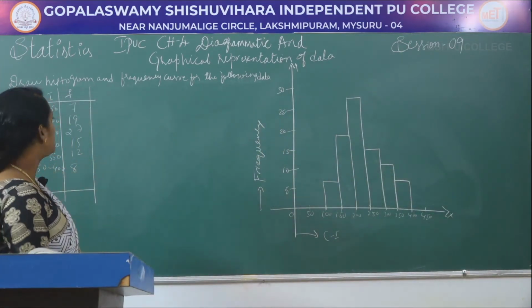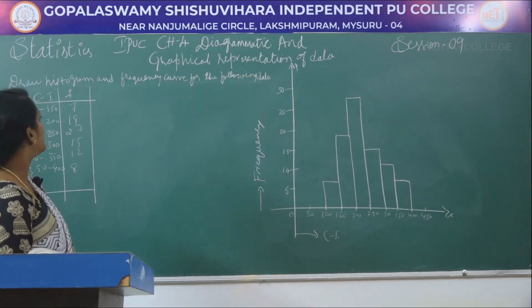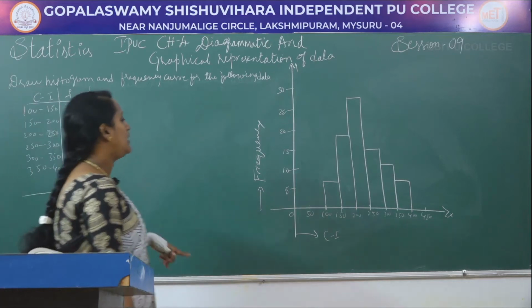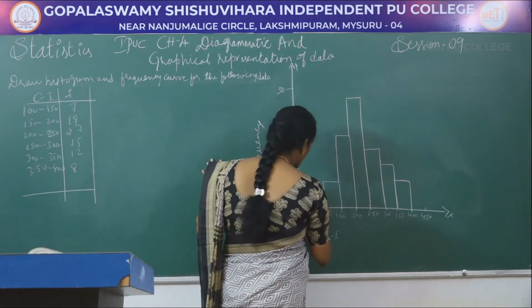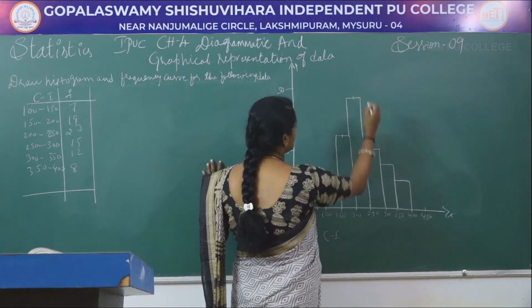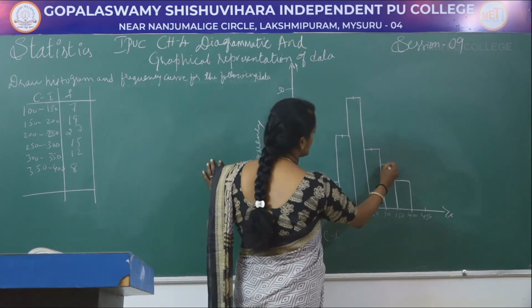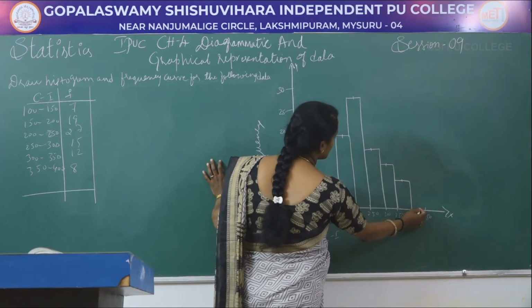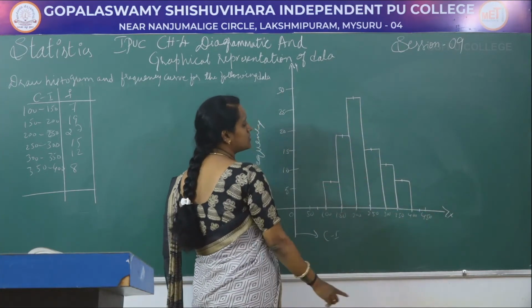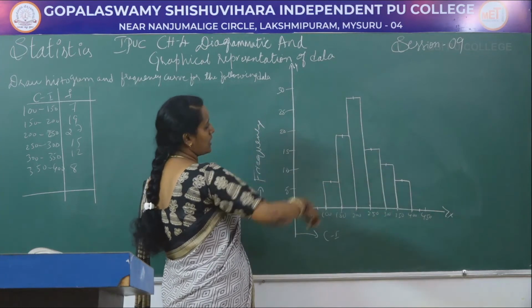Next we have to draw the frequency curve. For that again we have to find the midpoints. Whatever procedure we have done for the frequency polygon, same thing. So we have to mark the midpoints of the frequency in the histogram bars.